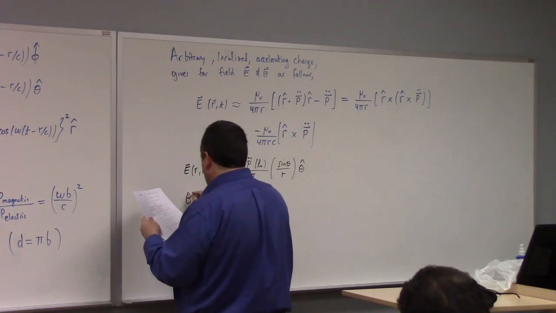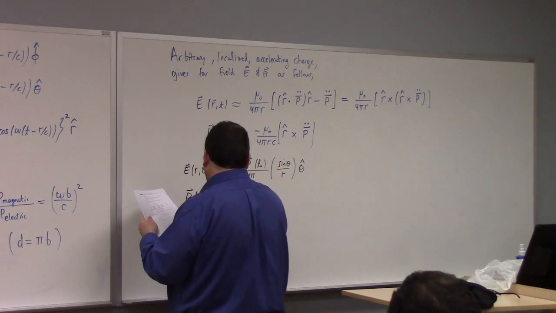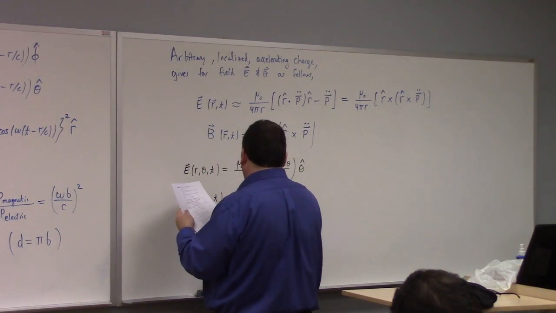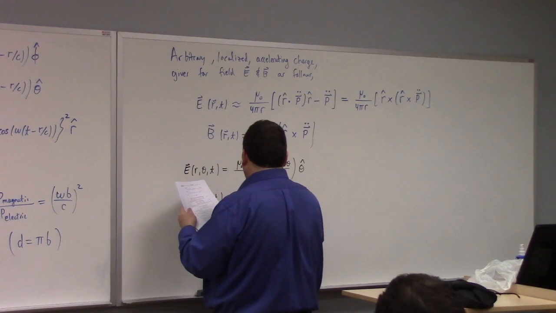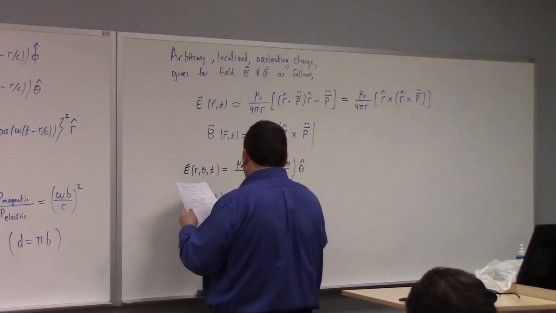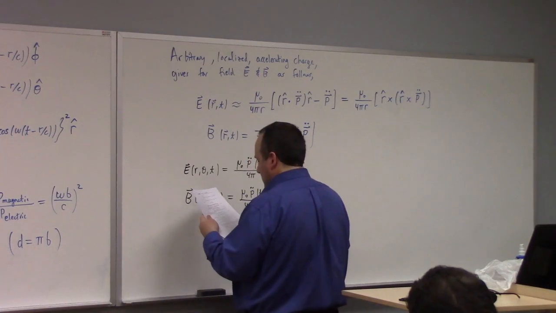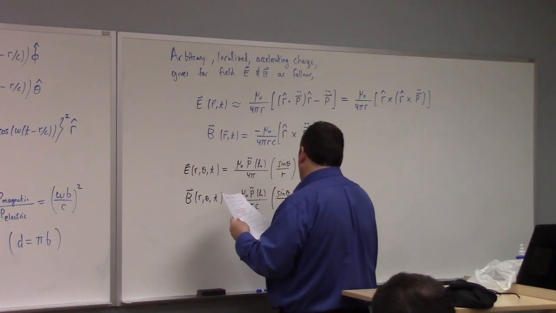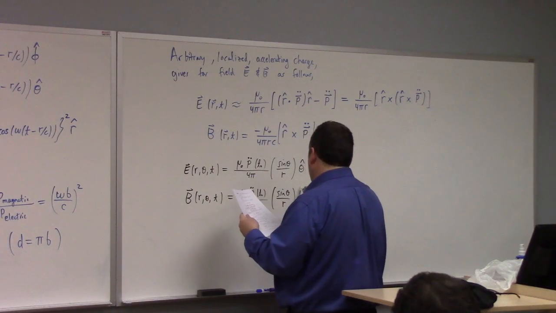And likewise, almost the same formula for the magnetic field at r, theta, t. Again, we're talking about the far field, way away from where the charge was accelerating. So p double dot of t naught, 4 pi c, sine theta over r, phi hat.